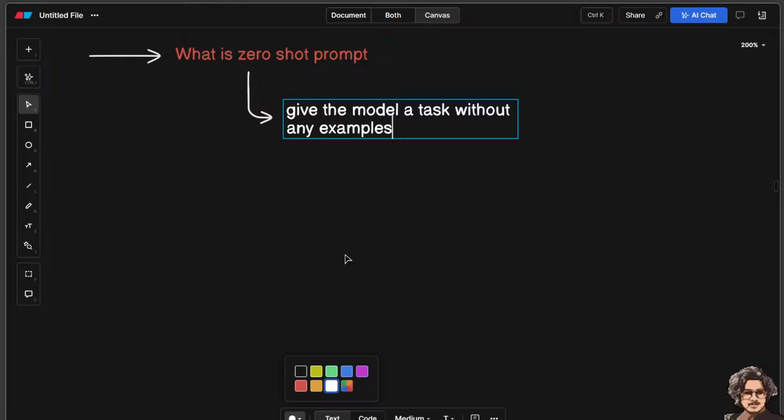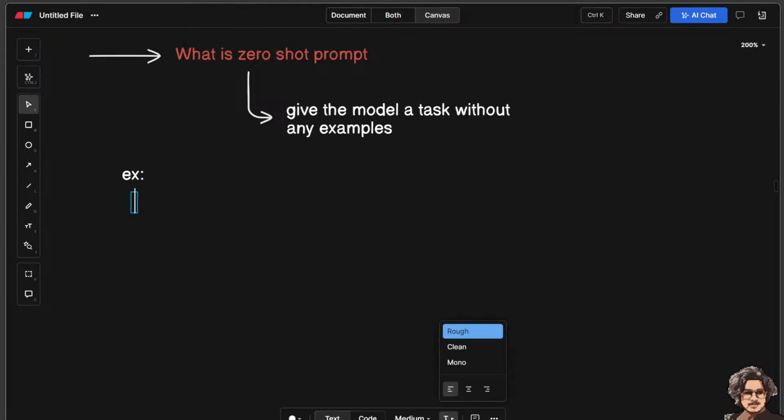So we have to explain this with an example.